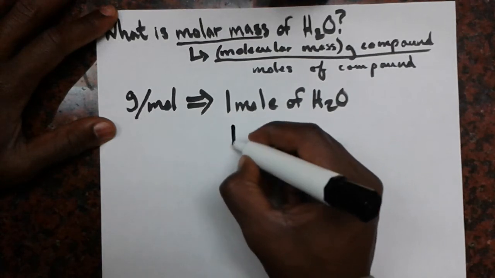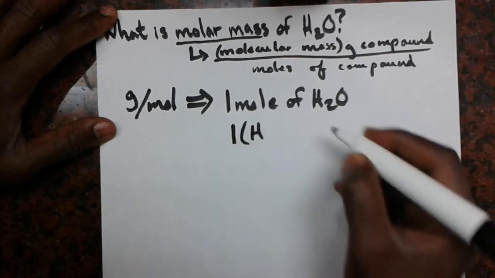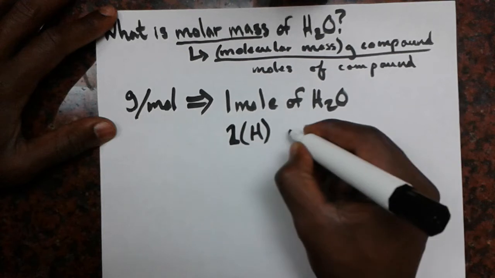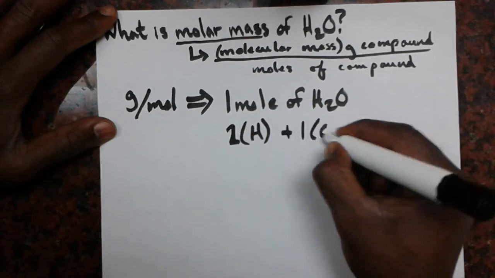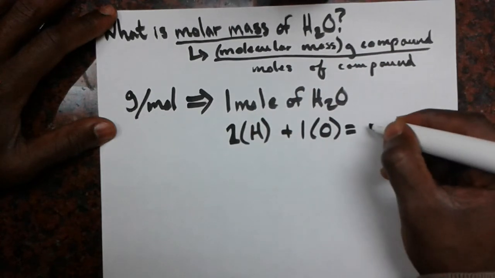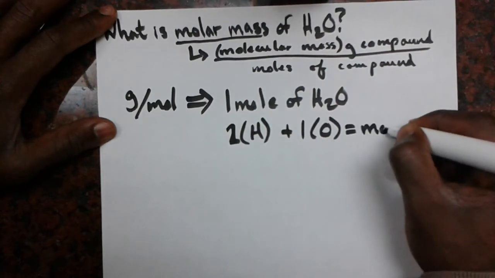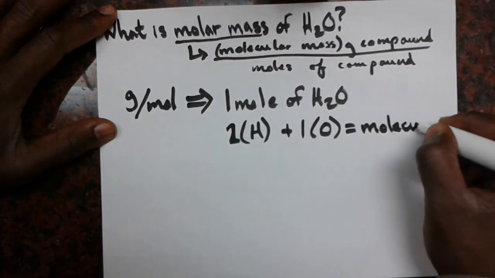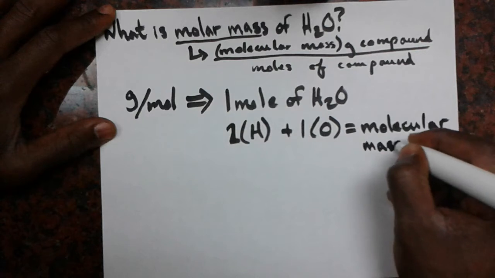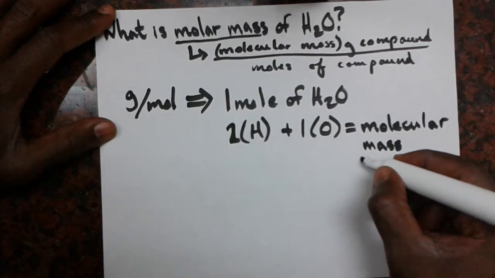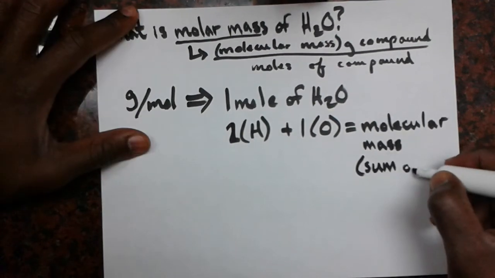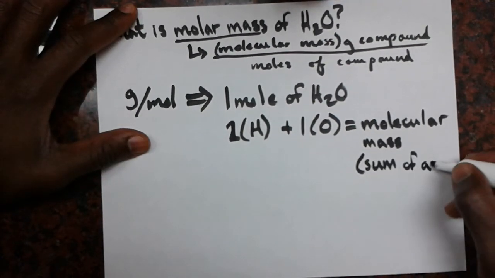So we have 1 hydrogen atom, 2, and 1 oxygen atom. And we're going to add this, and again, this equals the sum of atomic masses.